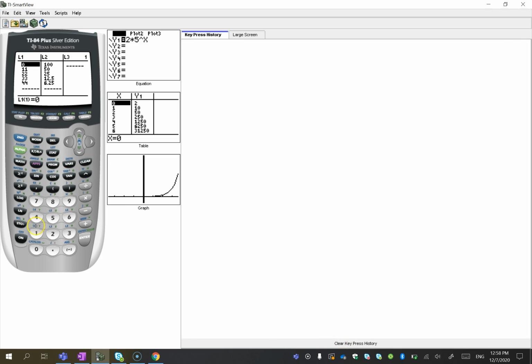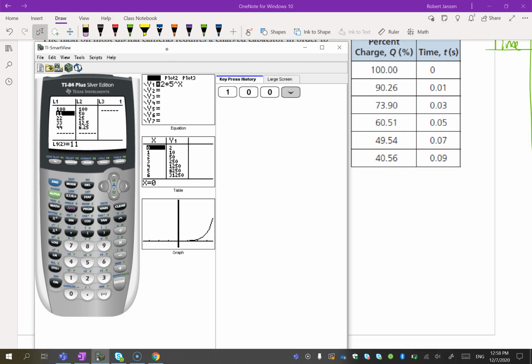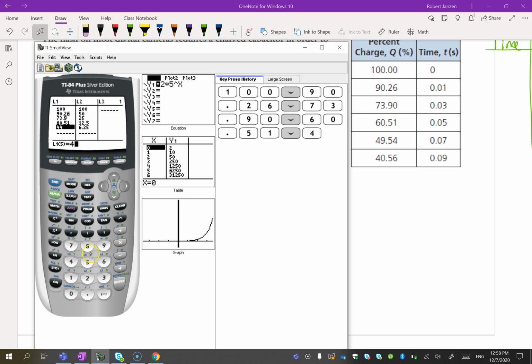Our first number was 100, and then the second one is 90.26, and then 73.90, 60.51, 49.54, and 40.56.